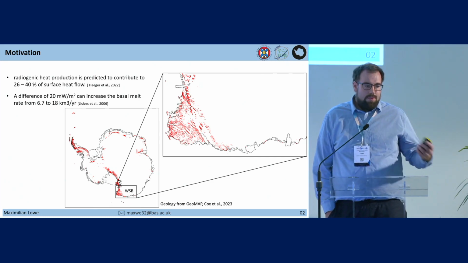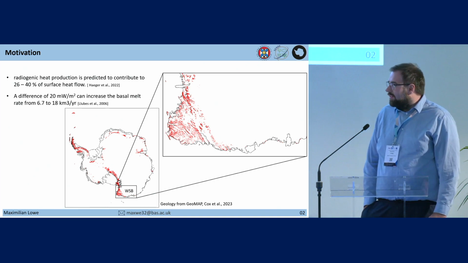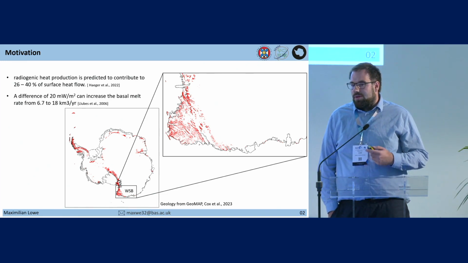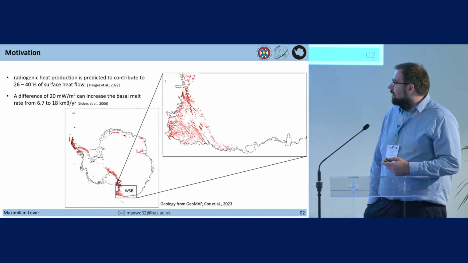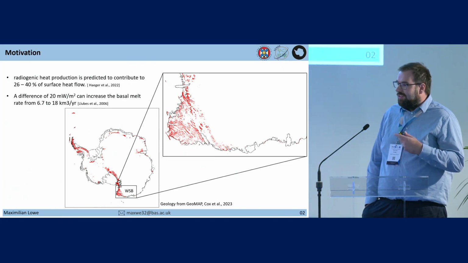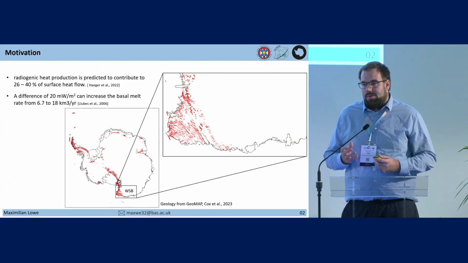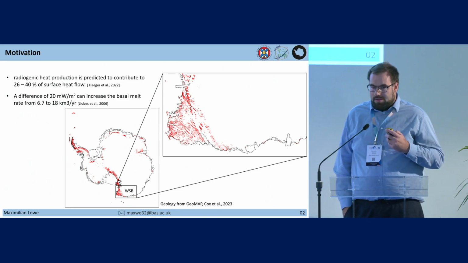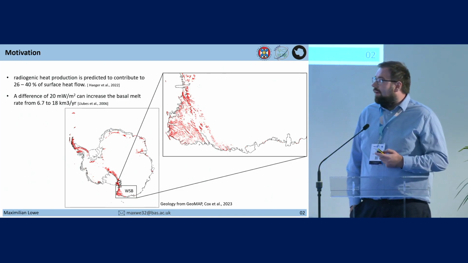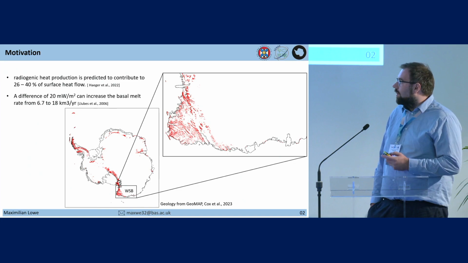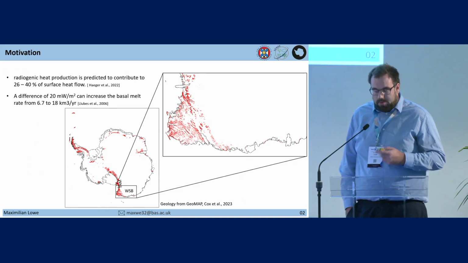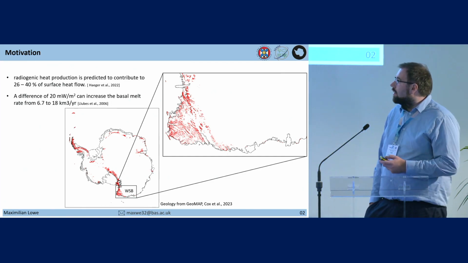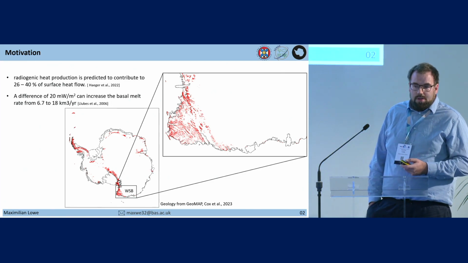There are multiple good reasons to study subglacial geology. I'm coming from the angle of geothermal heat flow. We know that a geological unit or rock province with a high volume of heat-producing elements can strongly elevate the local geothermal heat flow, and even a moderate increase can drastically increase basal melt rates.